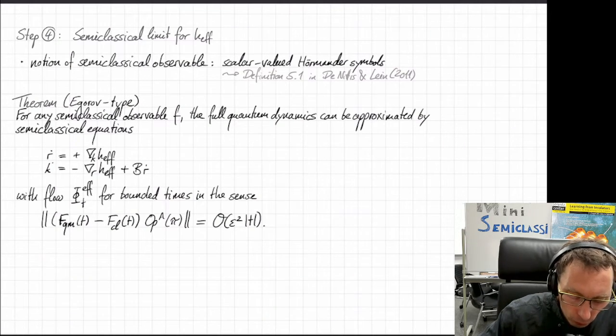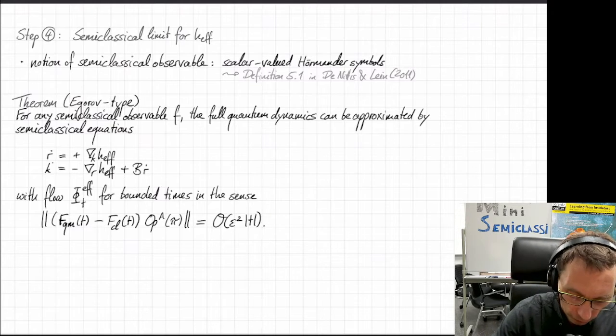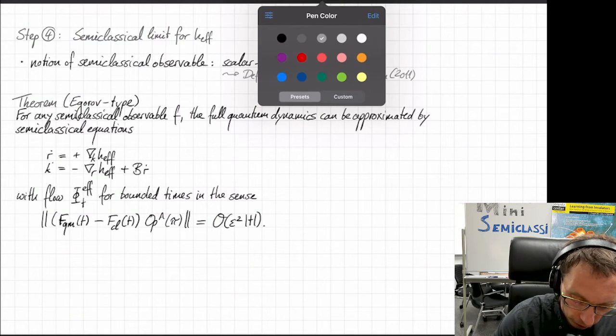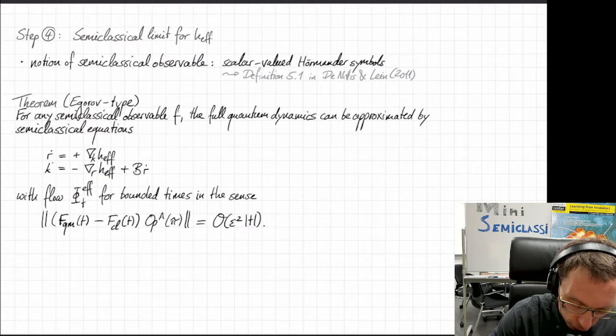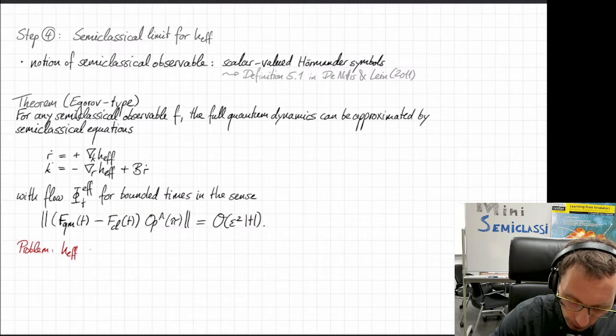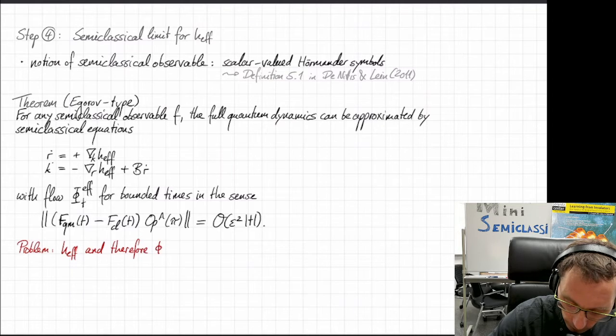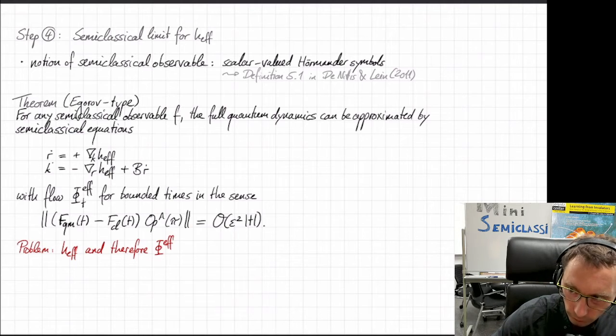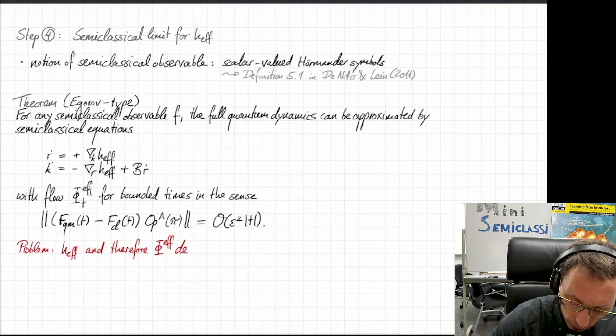So I don't really want to dwell too much on this, except pointing out one important problem. And that is that H effective, and therefore the flow phi effective, depend on the choice of Bloch gauge.